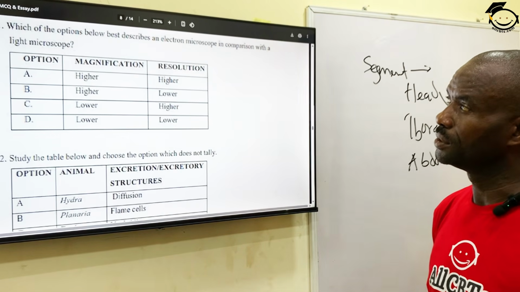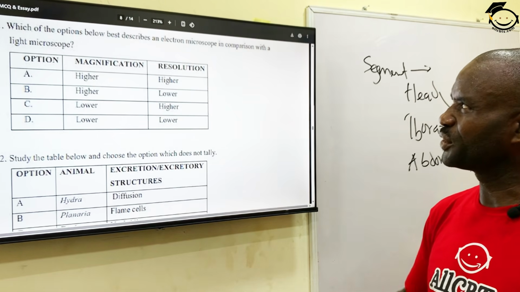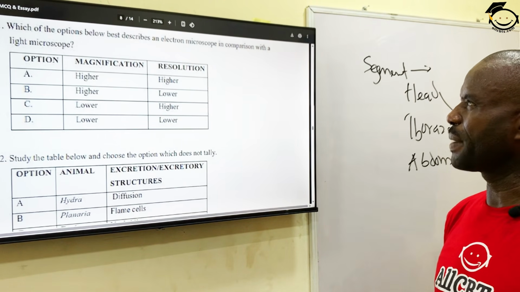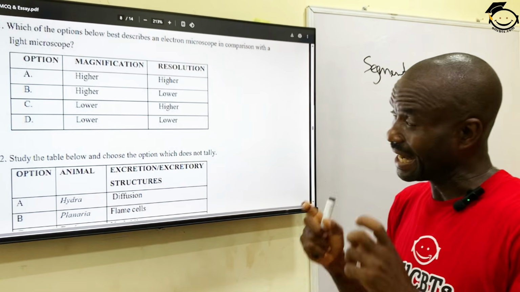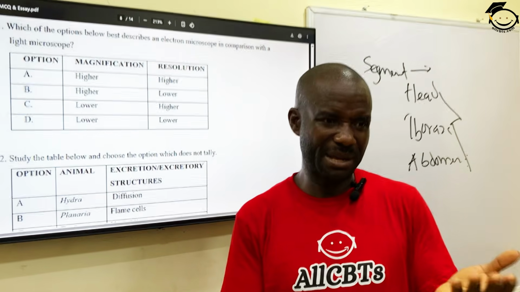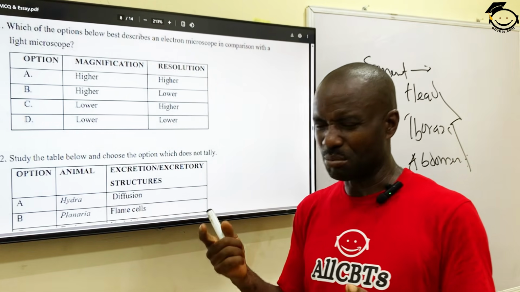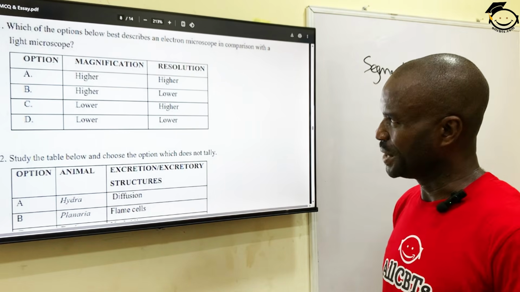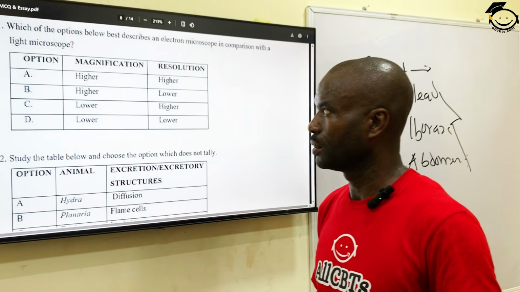31. Which of the options below best describes an electron microscope in comparison with a light microscope? Yeah, we have two types of microscope. The light microscope is simple, it can be a hand lens, but the electron microscope is much more powerful than the light microscope.